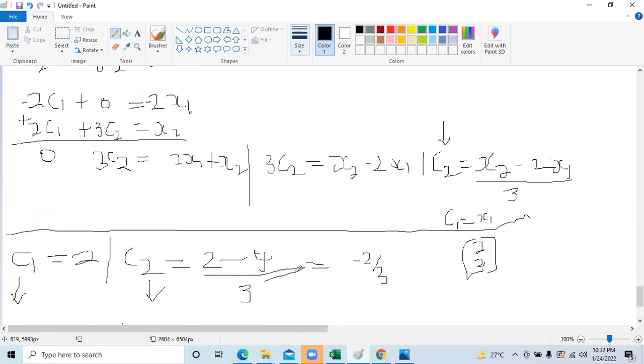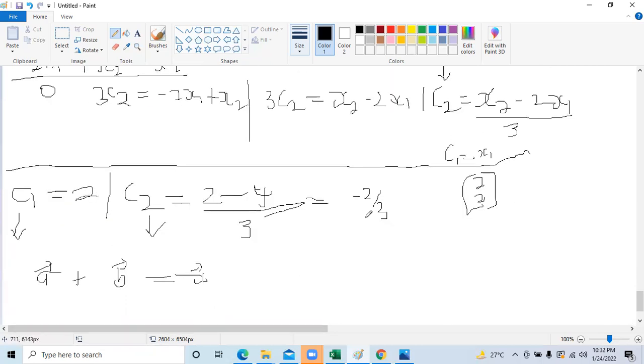The constants we've gotten are 2 and minus 2 over 3. So for A, we're going to have 2 in front, and for B, we're going to have minus 2 over 3.